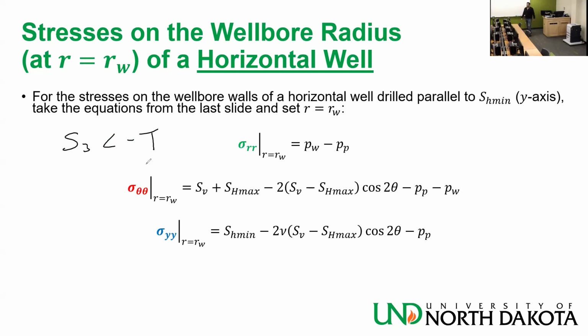So if the tensile strength of the rock given by capital T is minus T, because I'm putting minus because of my convention, tensile stresses are negative. This S3, whether it is sigma RR, sigma theta theta, sigma YY, needs to become more tensile than the tensile strength of the rock.